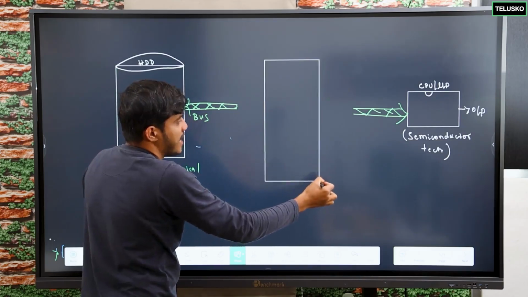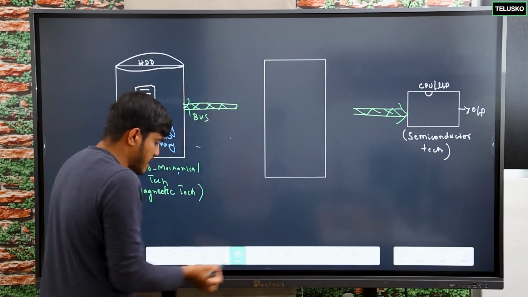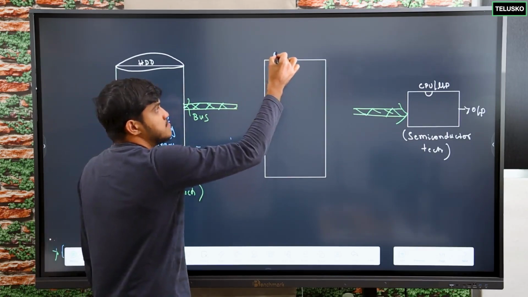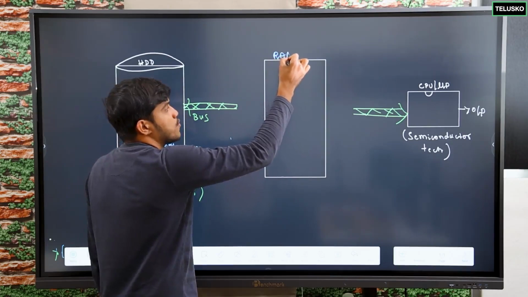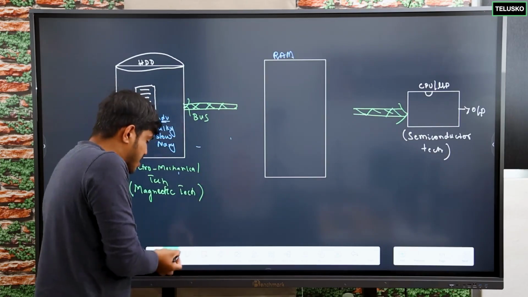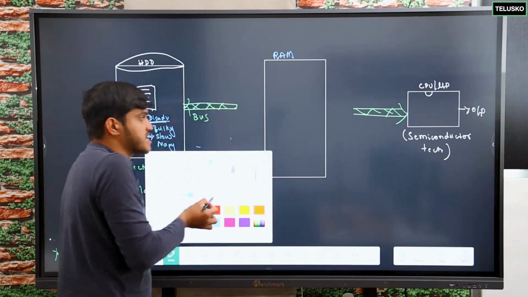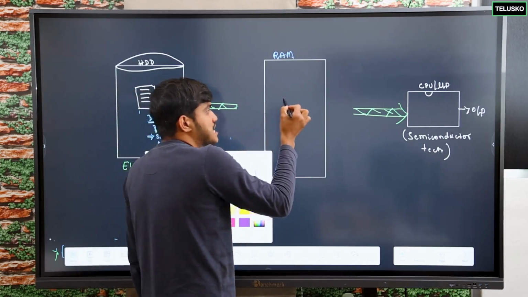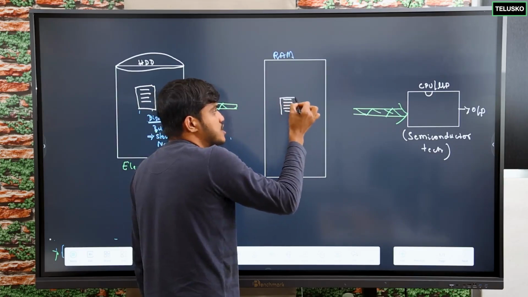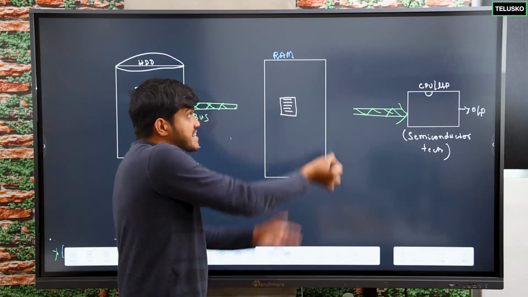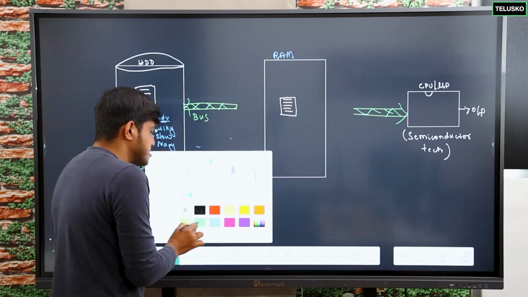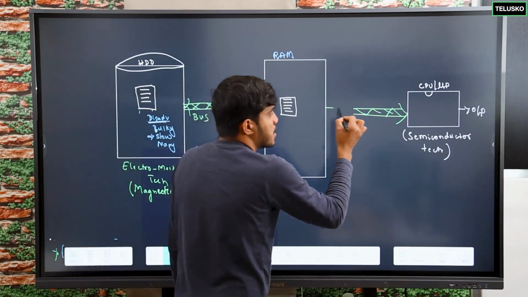And this device I would represent in this style, and I would call it random access memory, or you can call it RAM. Now all the instructions which they were supposed to write on the hard disk, they started to write on the RAM. All the data they started to keep on the RAM. And they connected this RAM to the processor through a set of wires, or you can call it a bus.